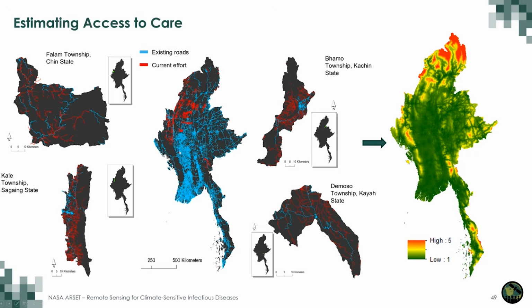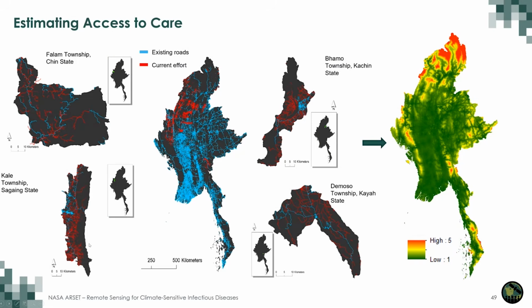So what you can see here in blue is existing roads that are available, which looks like a lot of road cover, right? But when you go to these remote rural areas where the majority of malaria is happening, the actual paved roads constitute a very small fraction of the road network.